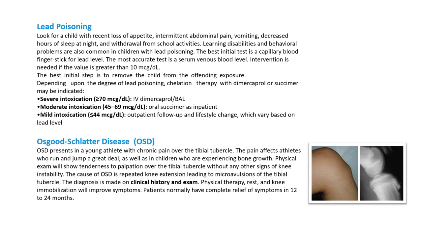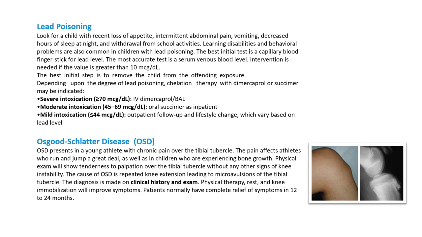The best initial step is to remove the child from the offending exposure, and depending upon the degree of lead poisoning, chelation therapy with dimercaprol or succimer may be indicated. And we have 3 forms: severe intoxication, over 70. The treatment is IV dimercaprol, BAL.